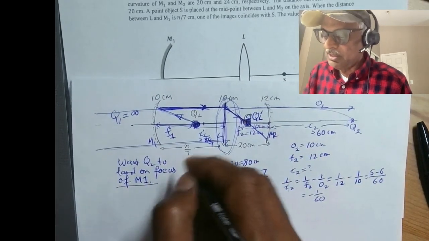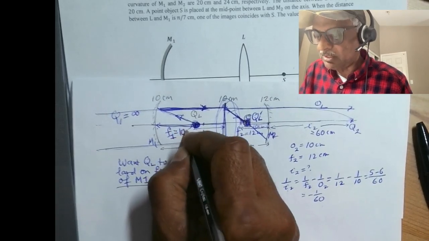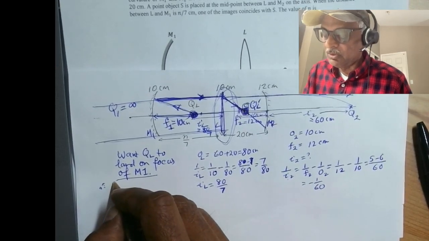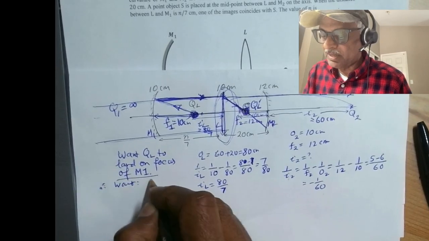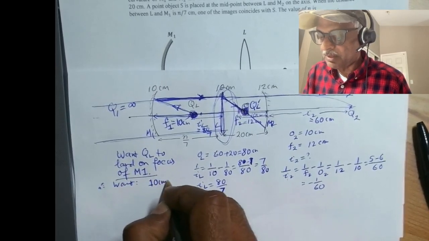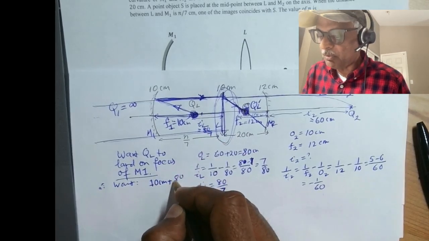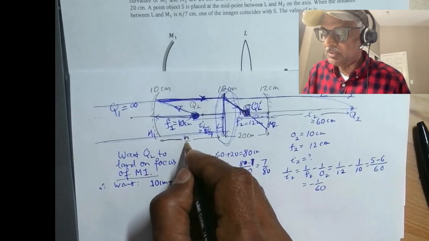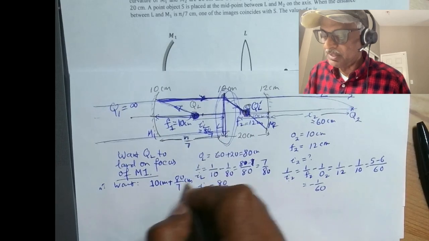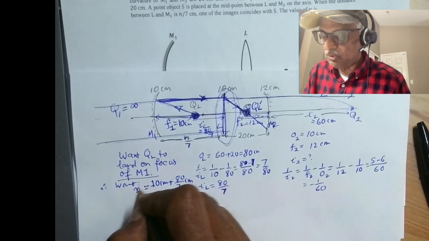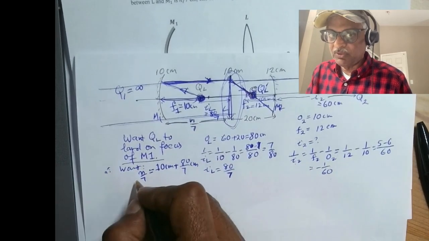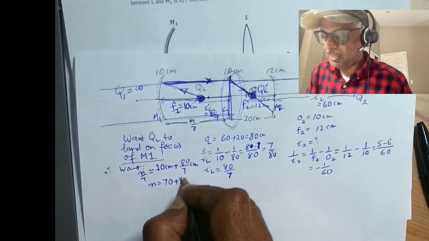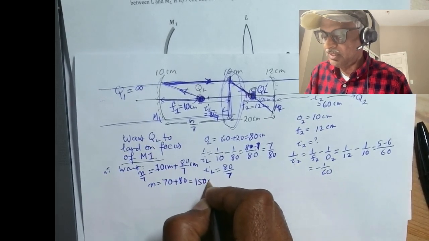This one is already 10 centimeters, and we add the 80 over 7 centimeters I found. These two add up to n over 7, the separation between them. If I multiply by 7, n equals 70 plus 80, which is 150 centimeters.